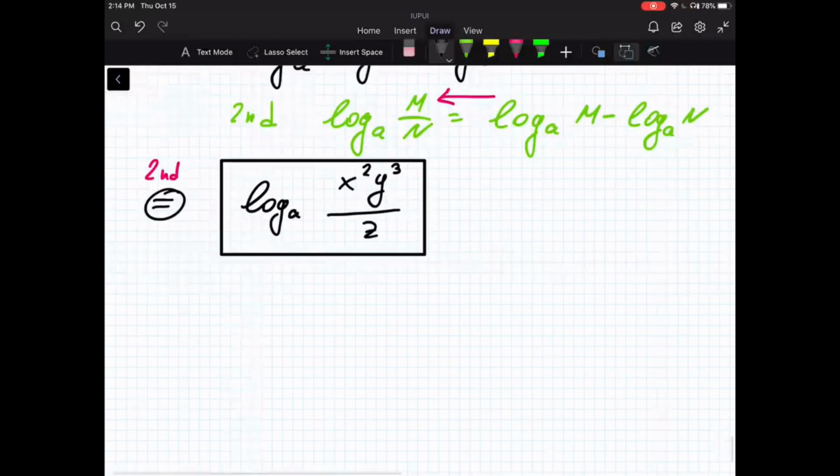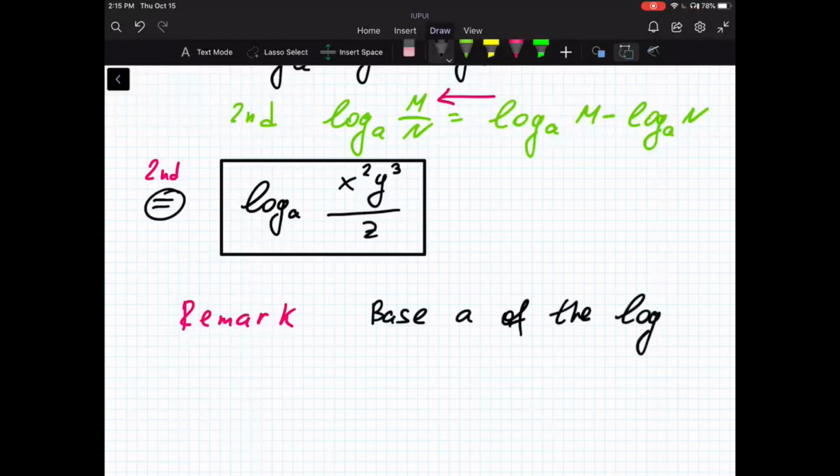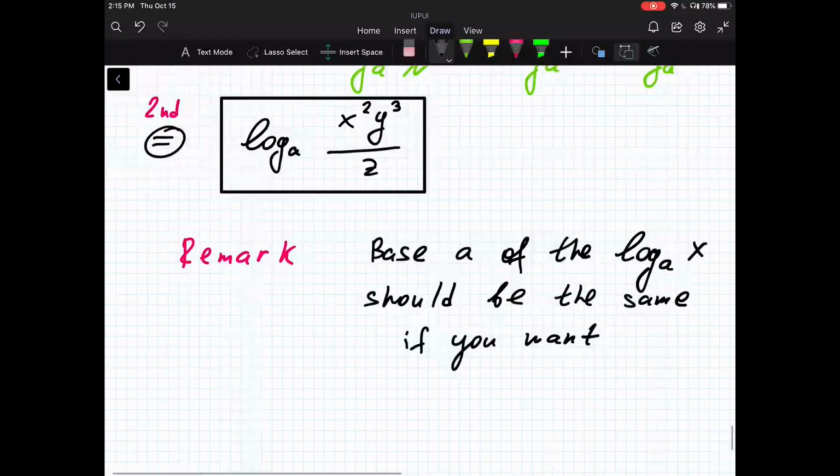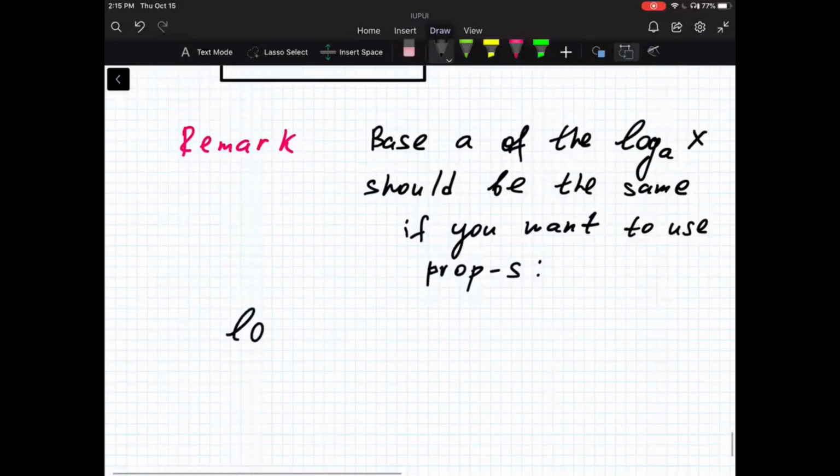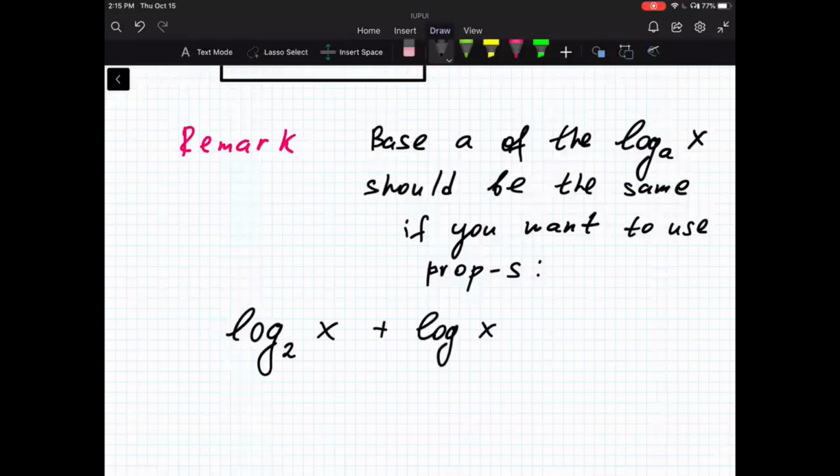Let me make a remark: it is important that the base should be the same if you want to use the properties. What do I mean? There is no simple way to do something with logarithm of x with base 2 plus logarithm of the same x but with base 3.